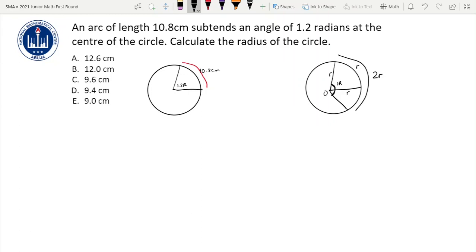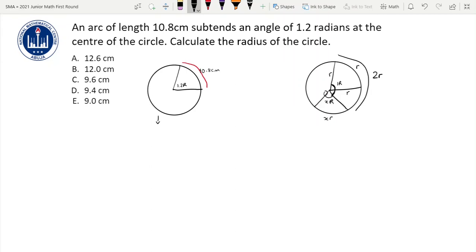And if you have another arc here whose angle measure is x radians, for example, then the length of this arc here is going to be xr. So that's how it works. If the measure of an angle from the center of a circle is x radians, then the length of the arc that angle subtends is going to be x times the radius of the circle. So let's come back to this question now.